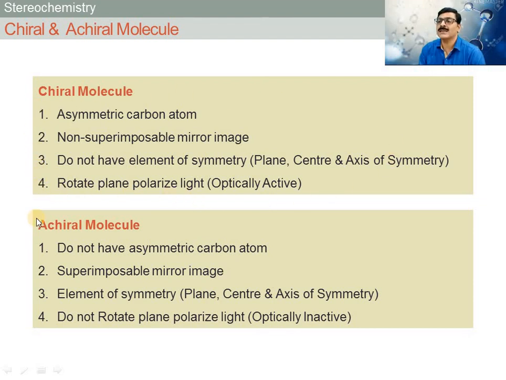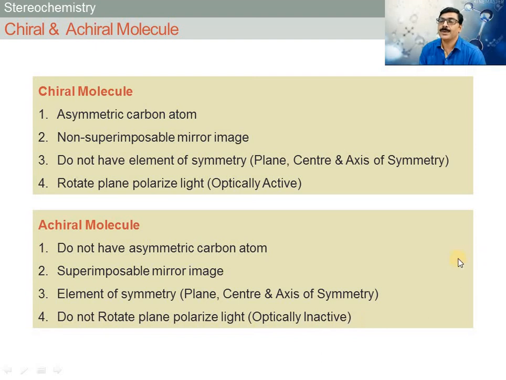Now what is called an achiral molecule? An achiral molecule does not have an asymmetric carbon atom or chiral carbon atom. Second condition, it forms a superimposable mirror image, and such a molecule contains elements of symmetry, means plane of symmetry, center of symmetry and axis of symmetry are present in this molecule, and it does not rotate plane polarized light, means it is optically inactive.